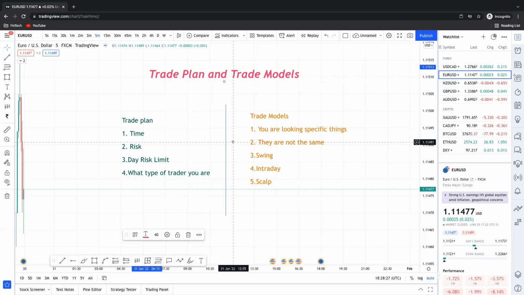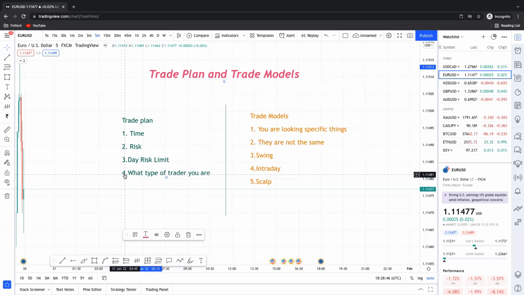And I would say if you're a beginner, go with only 1 and stick to that. Then you will find your consistency, and then add another one. So this is the introduction: what a trading plan and a trading model are, and the difference between them.